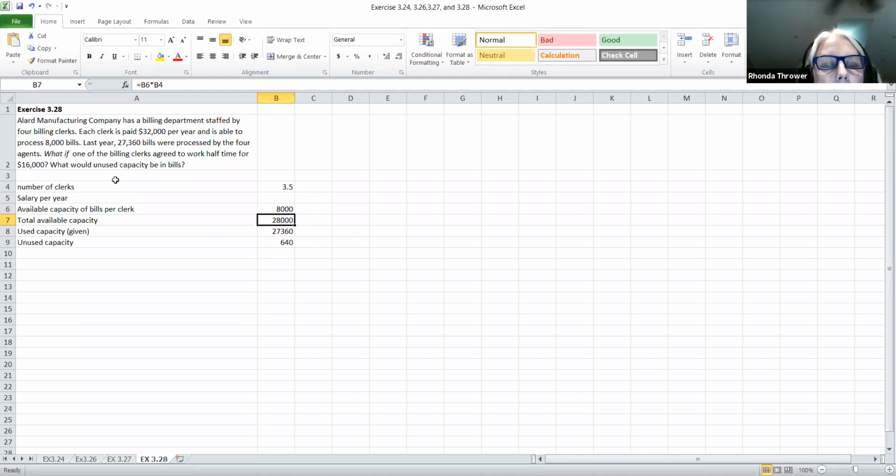And since they only had 3.5, this time they processed 27,360 bills here. That was just put in right there. And then you would subtract the 27,360 from the 28,000 to determine what was unused.